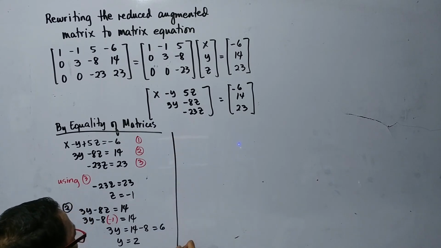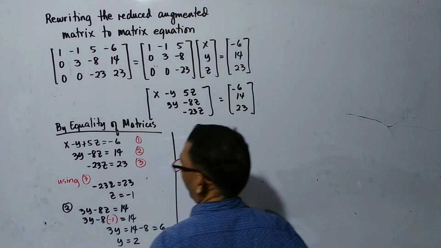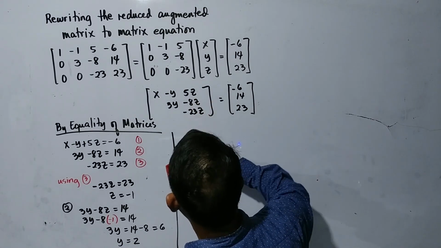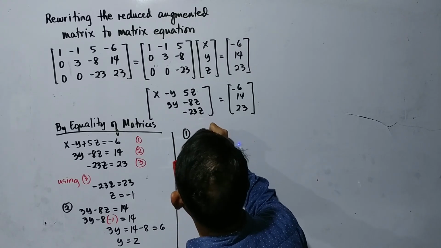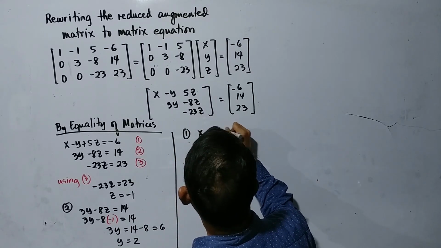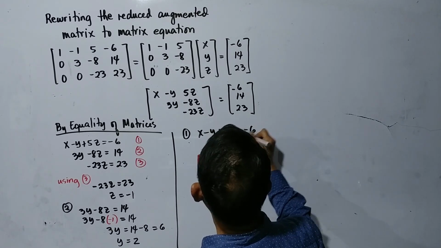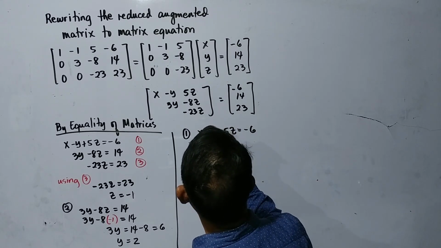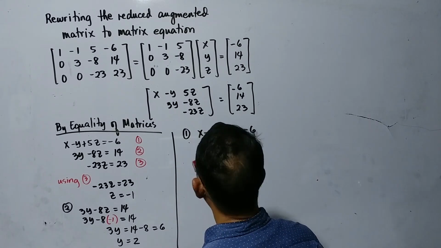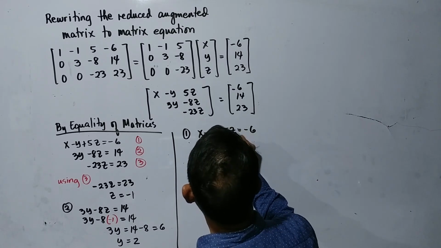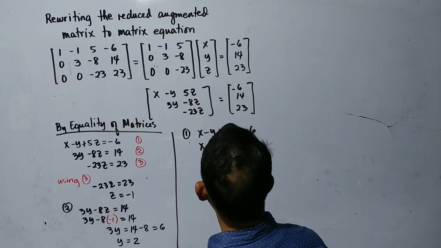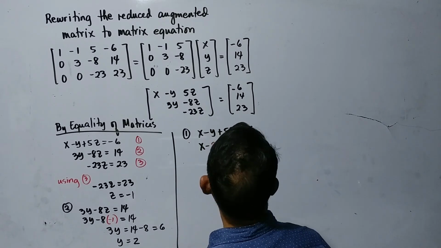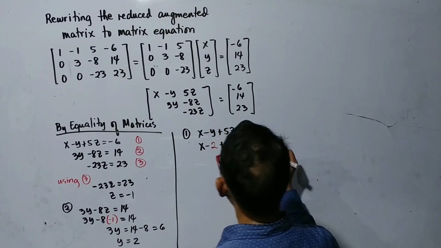On the other hand, we can now substitute our values for y and z to equation 1. So we have x minus y plus 5z equals negative 6, or x minus 2 plus 5 times negative 1 equals negative 6.